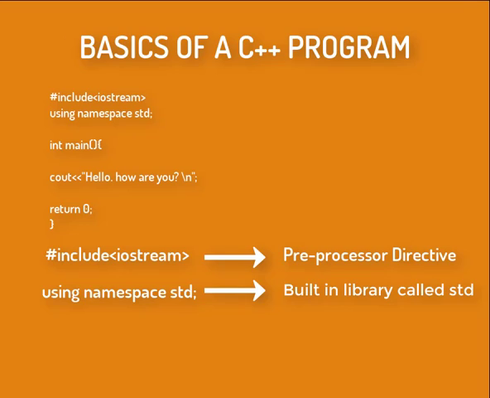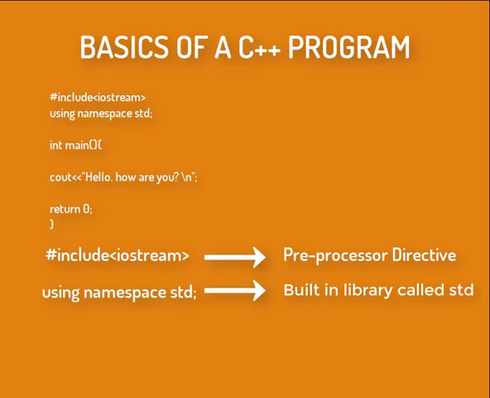So in order to save time and effort, there is pre-compiled code already stored in the std library, and we can borrow that code from the std library. As we saw in the previous line, iostream is part of the std library, and input output code, displaying output or accepting input from the user, is used in just about every C++ program.